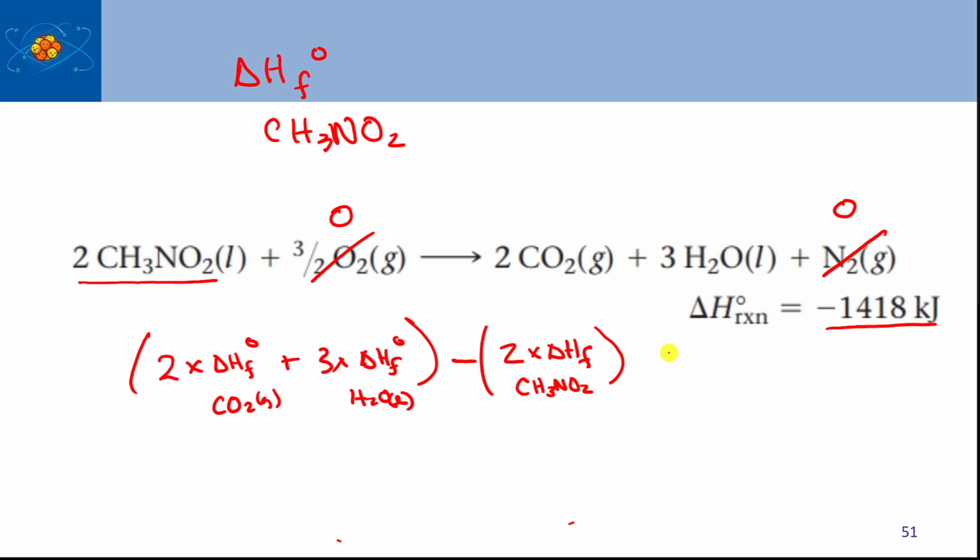And then I got to do the H2O, so it's going to be plus 3 times the standard enthalpy of formation for H2O liquid, like that. And this is, oh no, that was it. Sorry, I got myself confused. I had it right the first time. That's going to be that, and that equals negative 1418 kilojoules, right?